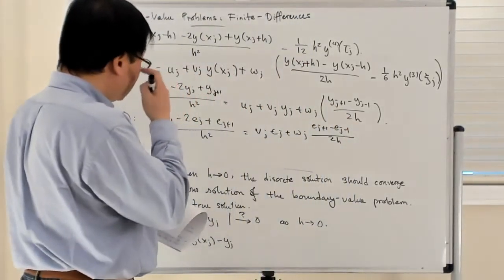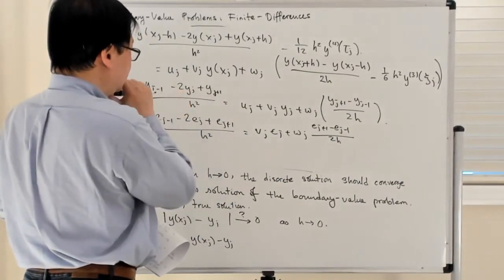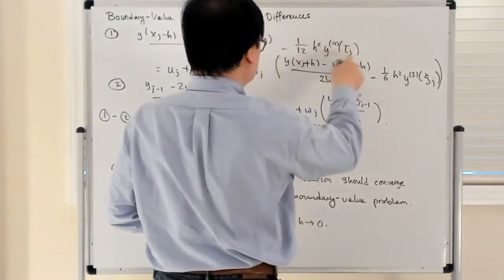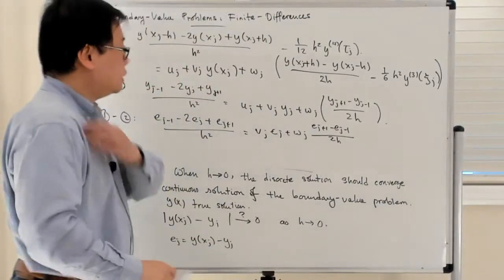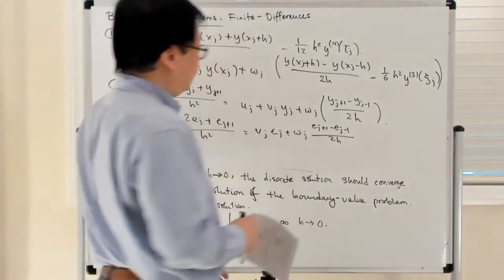All right. So you can see that the uj cancels out, so I don't have the uj anymore. But there's this remainder term associated with replacing the derivatives with this finite difference, right?